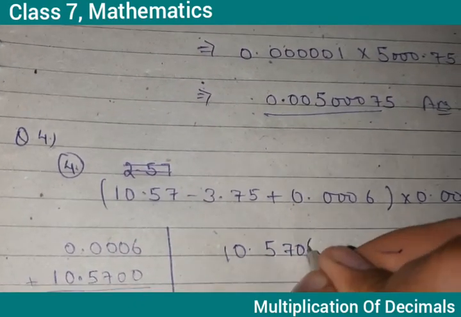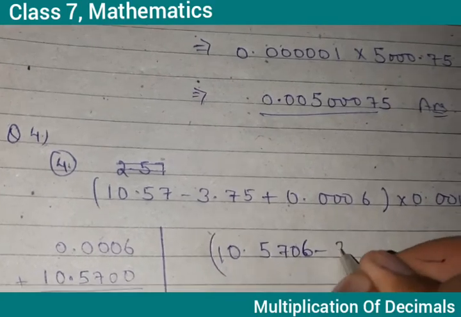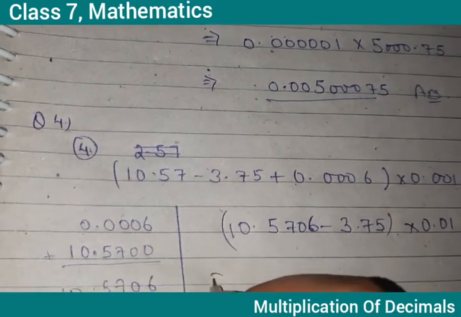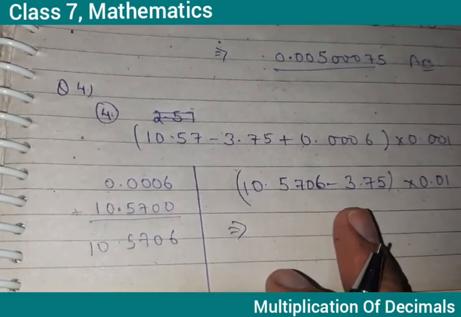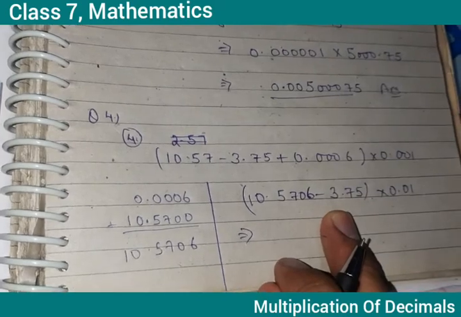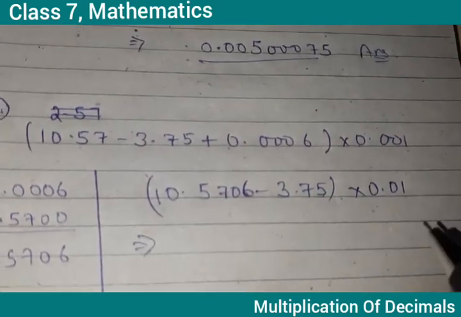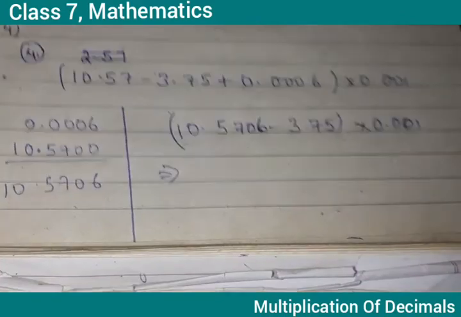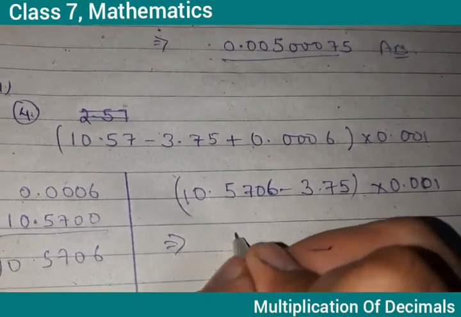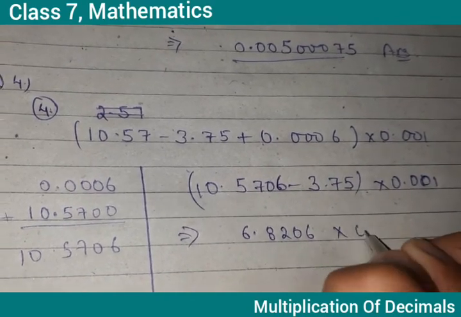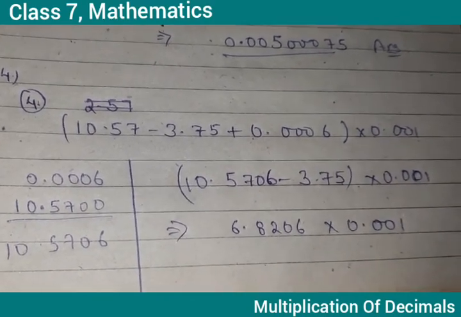Write it down. 10.5706 minus 3.75 into 0.001. Oh sorry, here it is 0.001, okay? Now 10.5706, when you subtract 3.75 from it, we will get 6.8206 into 0.001.